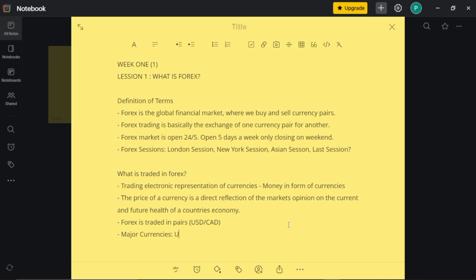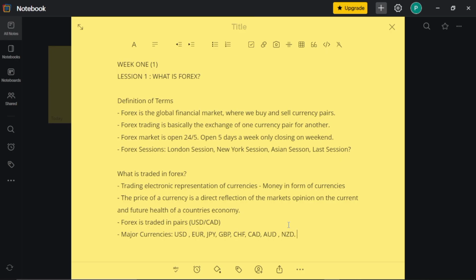So we have the USD. Of course, you know the US dollar. We have the euro. We have the Japanese yen, that's the JPY. We have the Great British Pound, GBP, and we have the CHF, Swiss franc. We have the Canadian dollar. We also have the Australian dollar, and we have the New Zealand dollar, that's NZD.